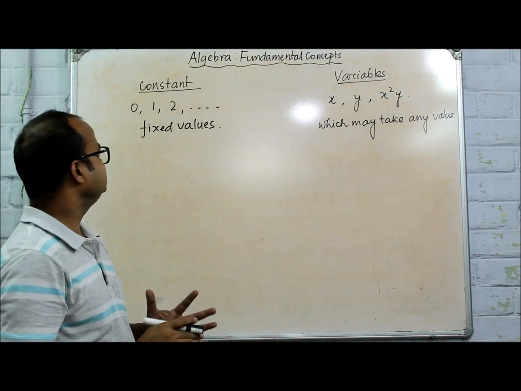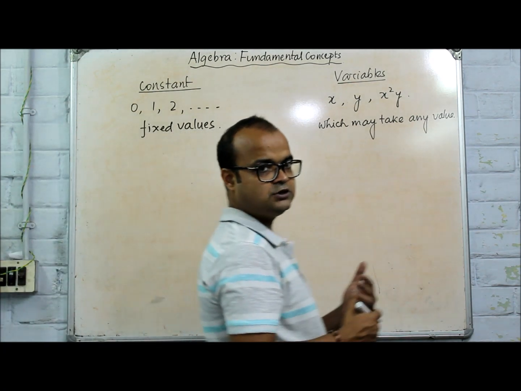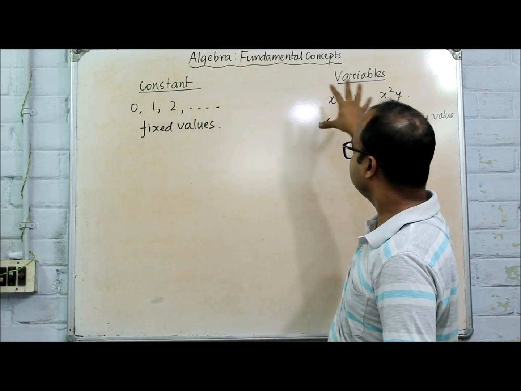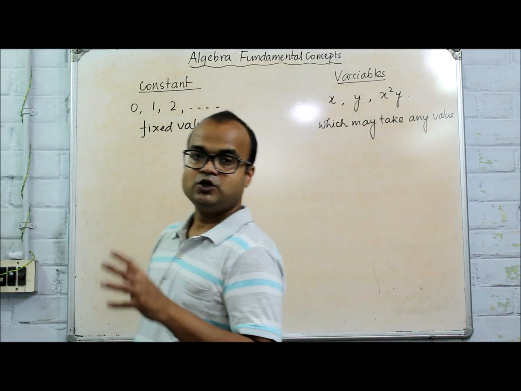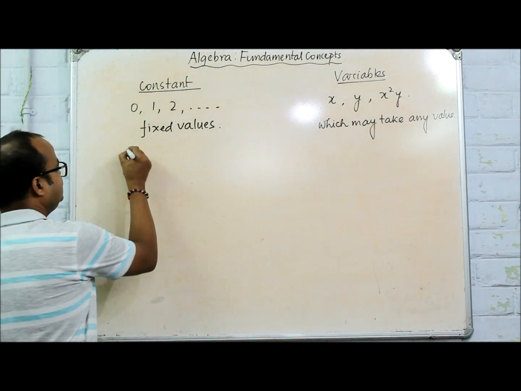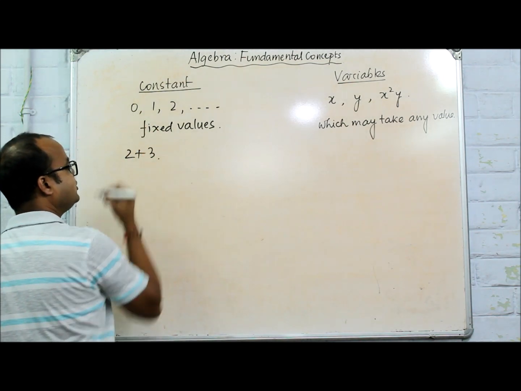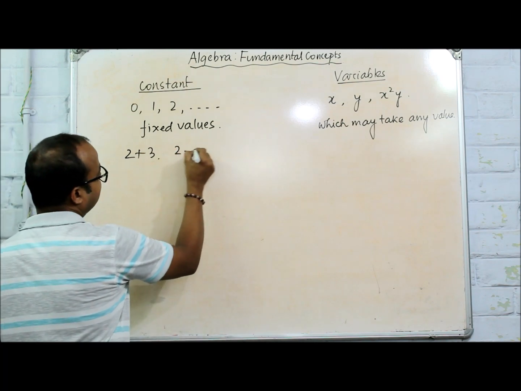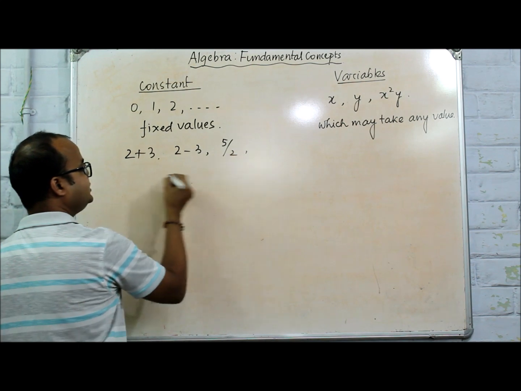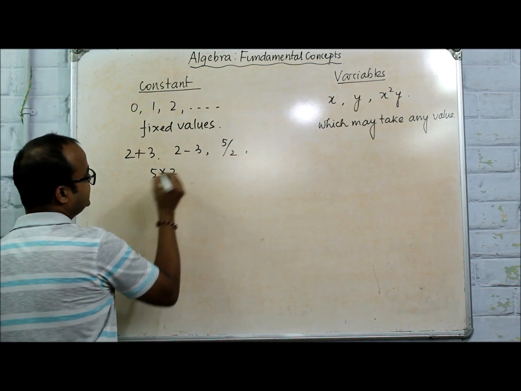Now a few things before I move forward with this discussion. We need to learn about the constant and the variable. Combination of two constants. Suppose I say 2 plus 3, it is always a constant. 2 minus 3 is a constant. 5 by 2 is a constant. 5 into 2 is a constant.